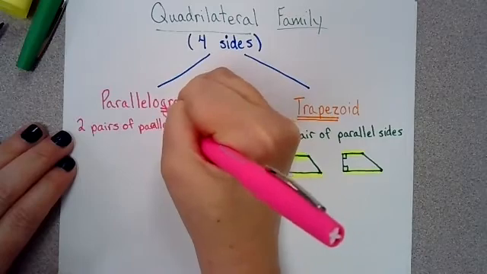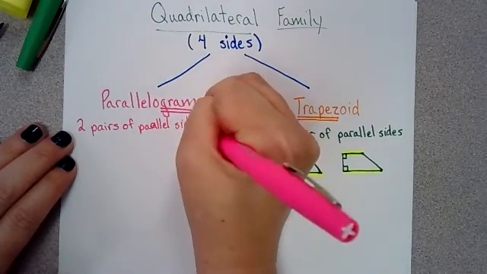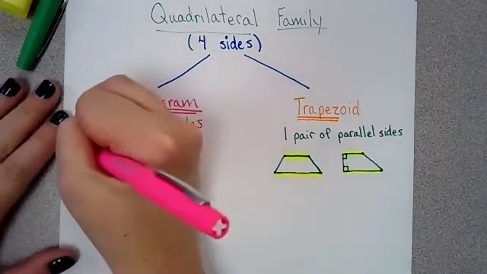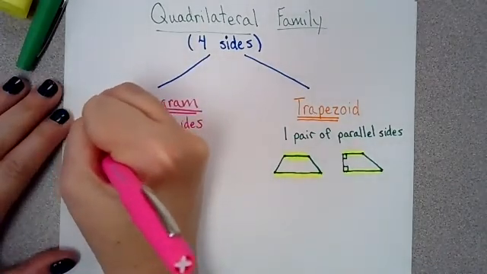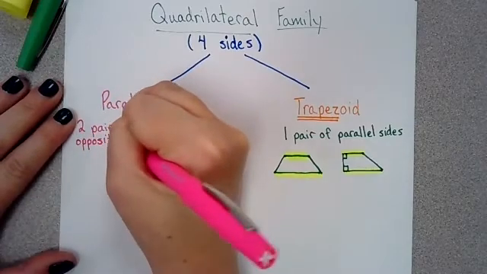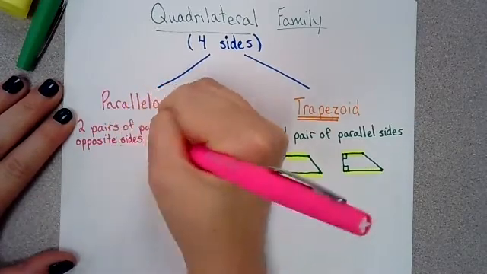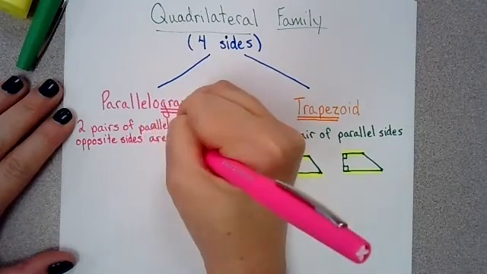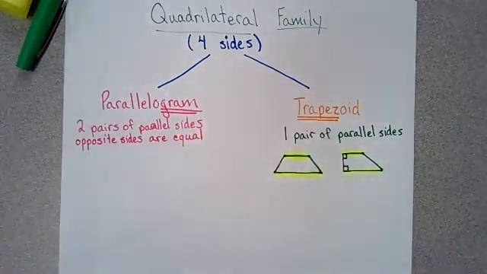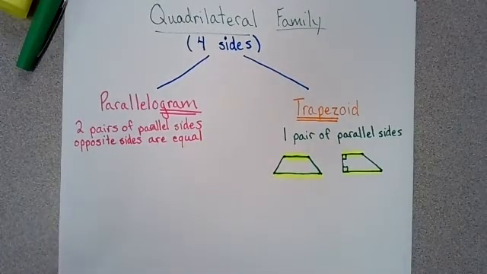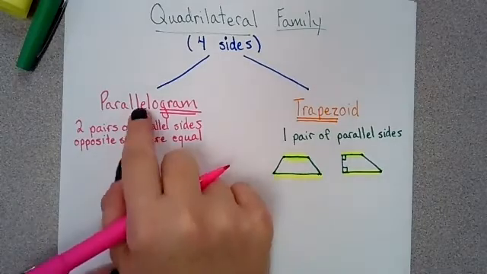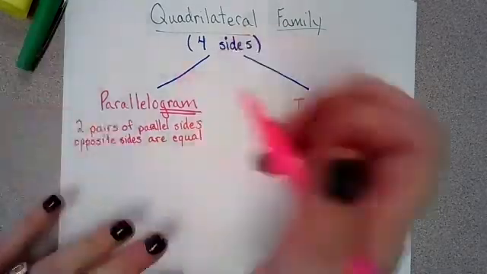Also, if you are going to be a parallelogram, your opposite sides have to be equal. Okay, so that is the only rule if you are going to be a parallelogram.